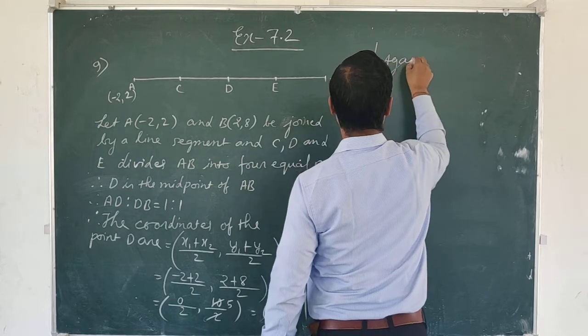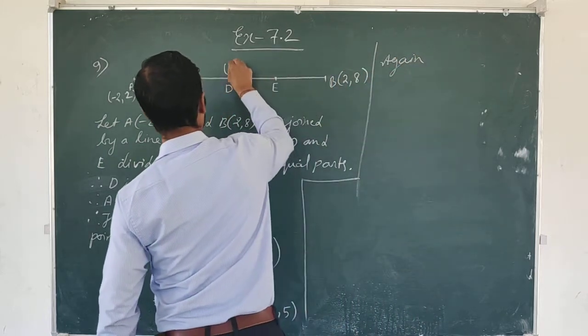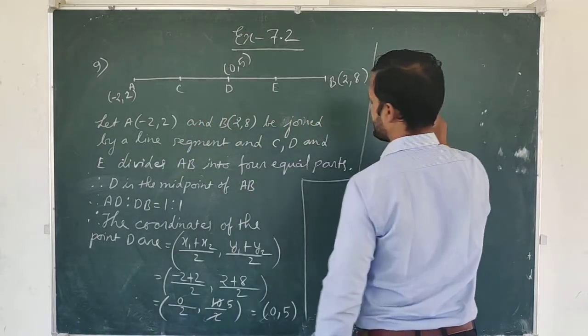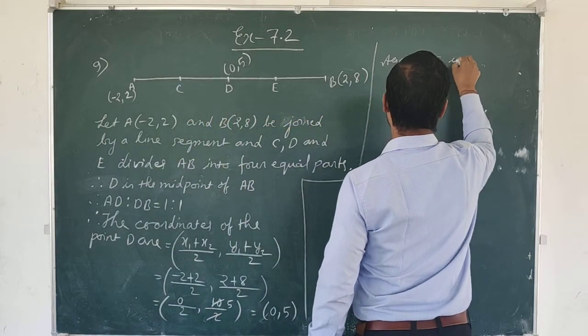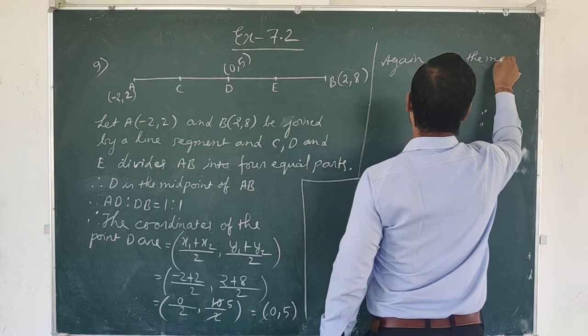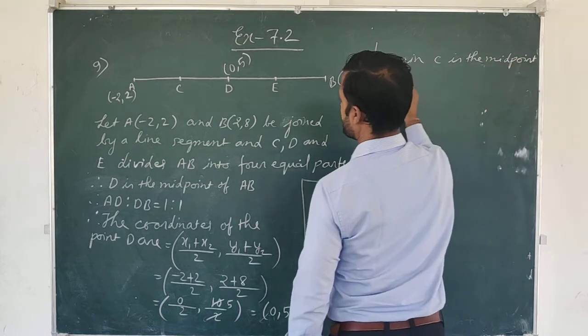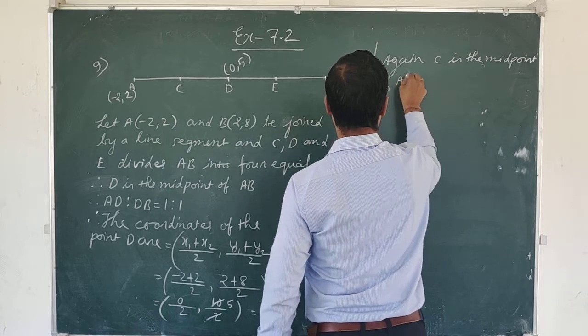So this coordinate is (0, 5). Okay, again C is the midpoint of AD.